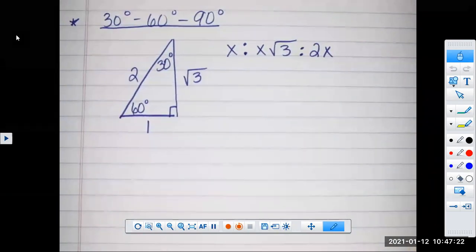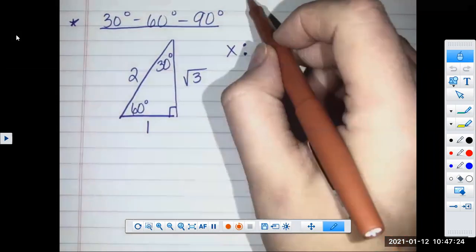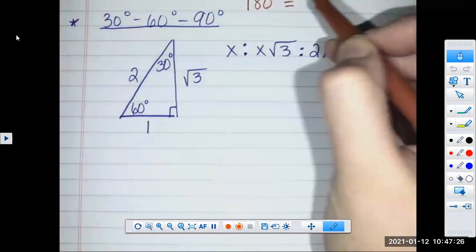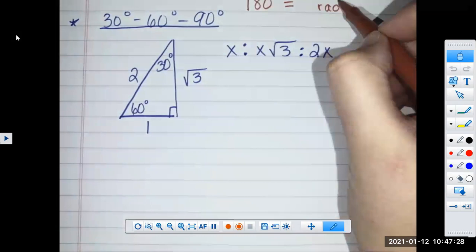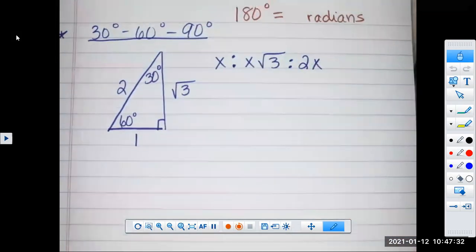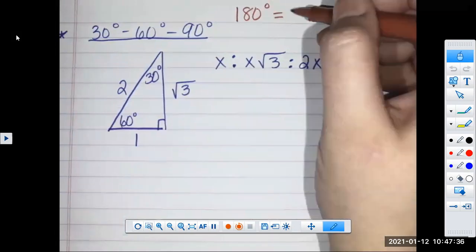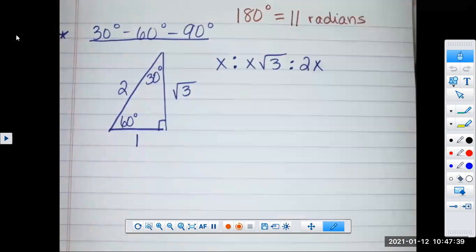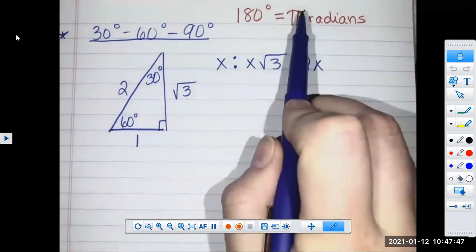Can anybody tell me what 180 degrees is equal to in radians? Pi. And we're going to talk about that, of course, tomorrow with 4.1 and 4.2. But 180 degrees is equal to pi in radians.